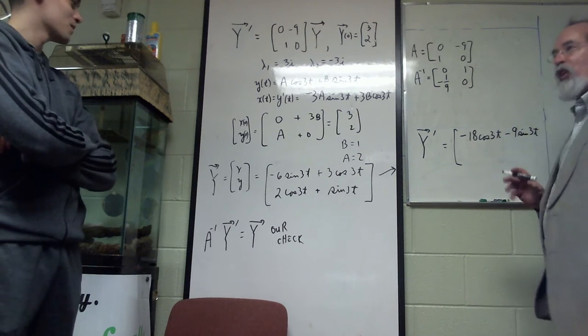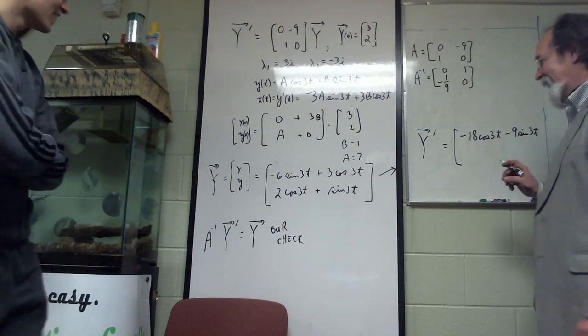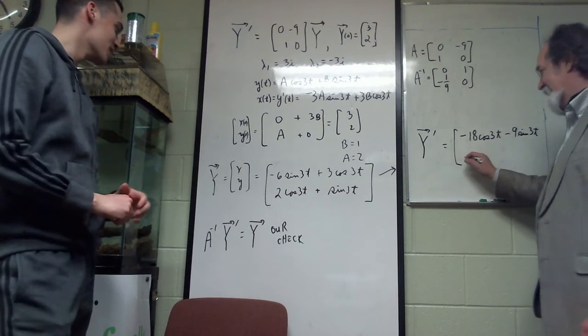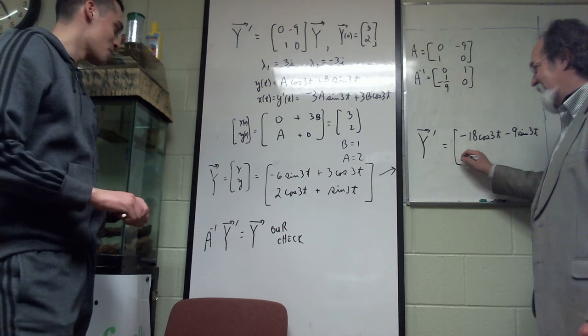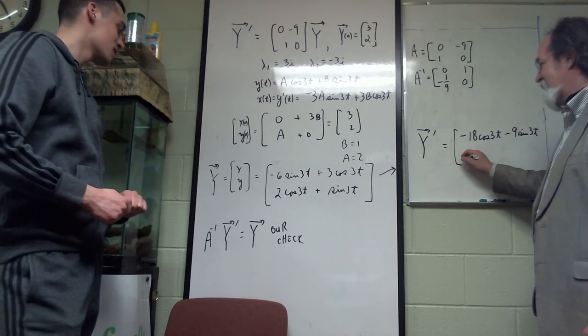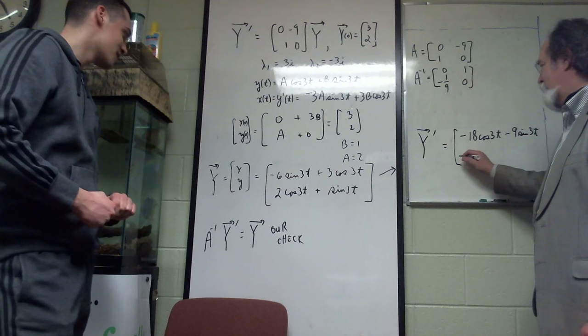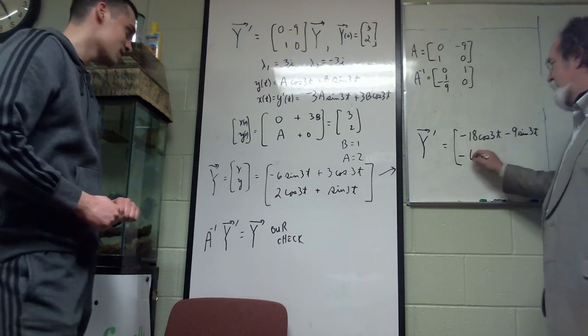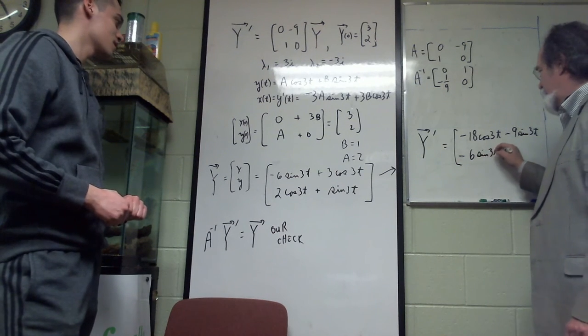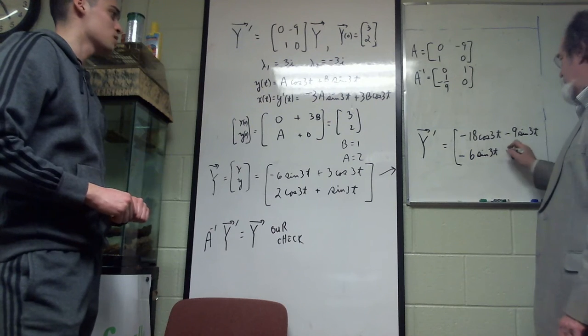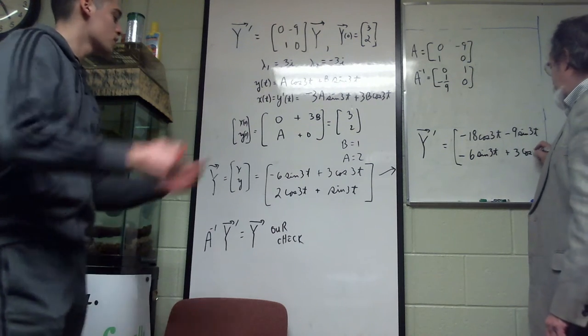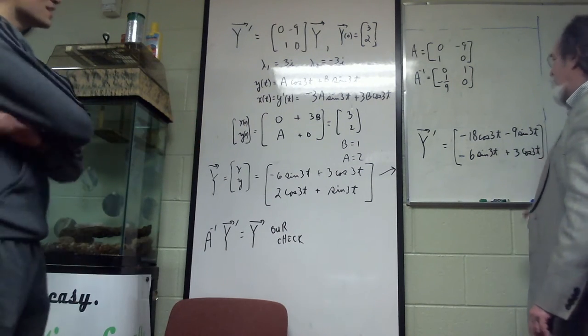All right. Otherwise, very good. Okay. Try it again. All right. The bottom one is, so the derivative of a cosine is negative sine. Yeah. So it's negative 6 sine 3t, and plus 3 cosine 3t. Okay, 3 cosine. So good. That was so good.